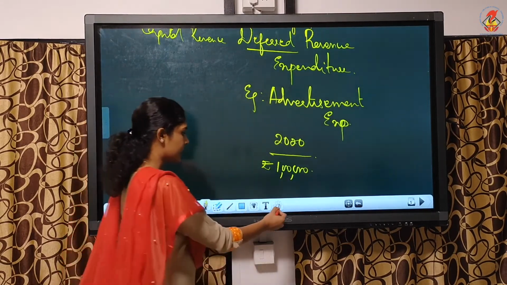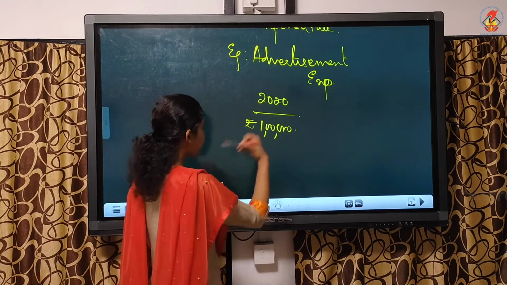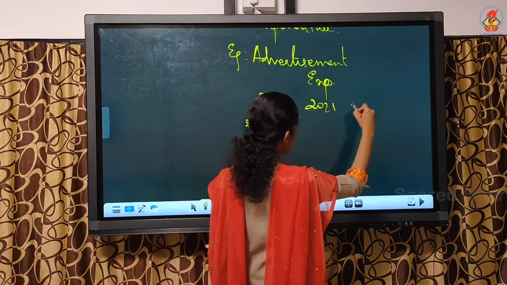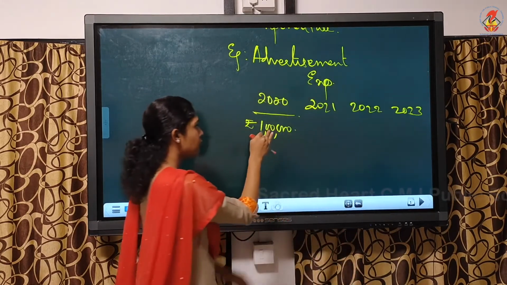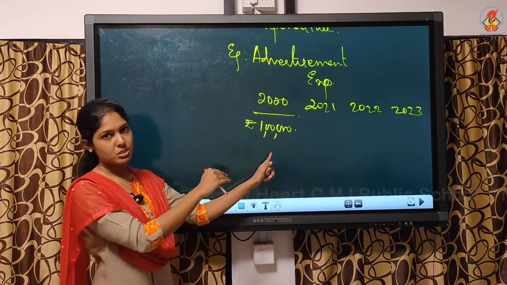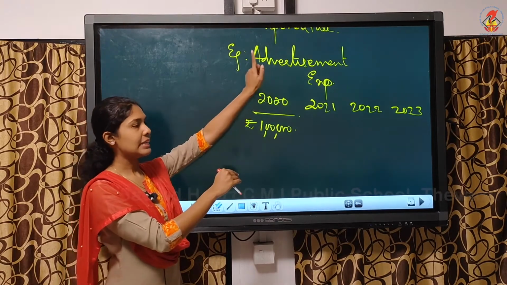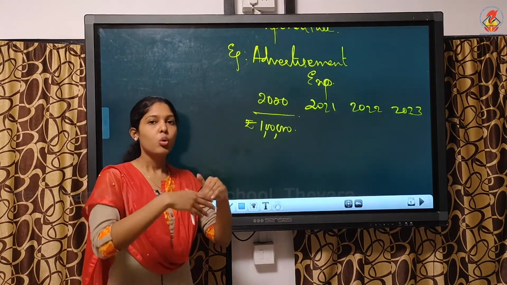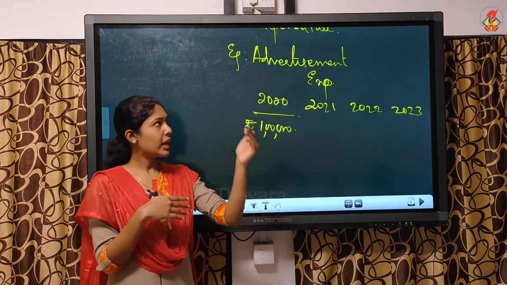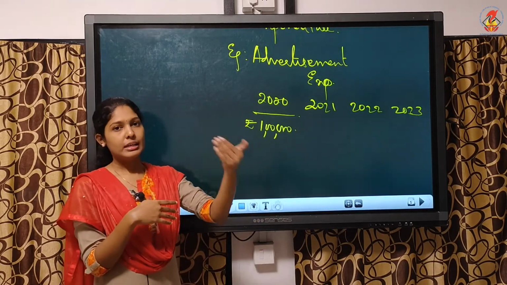So the income will be earned in the coming years. In 21, 22, 23 you will be earning income on the amount which you spent today. So that is called deferred revenue. It is delayed. The revenue you will be getting only in the coming years. So that is called deferred or delayed.